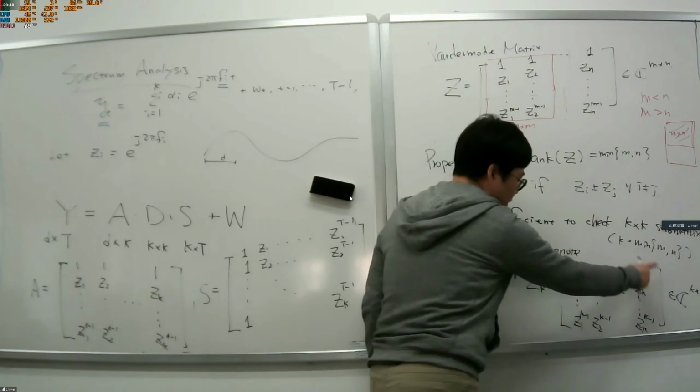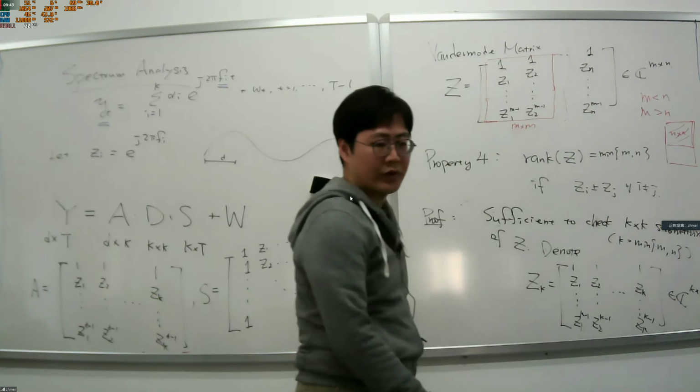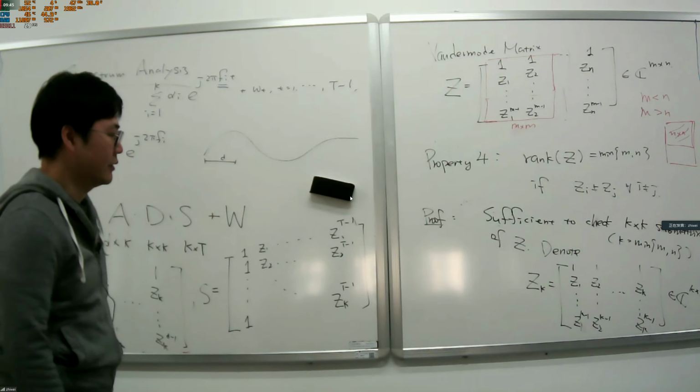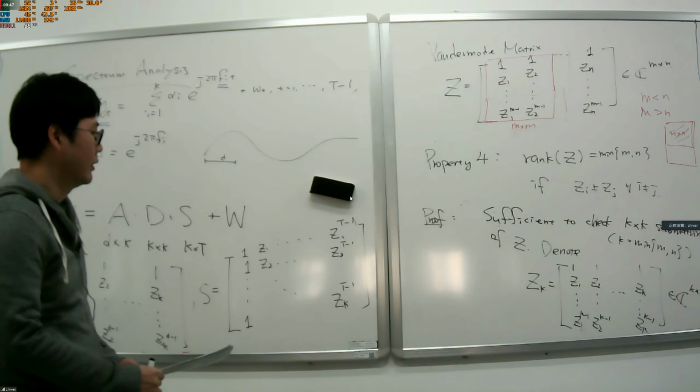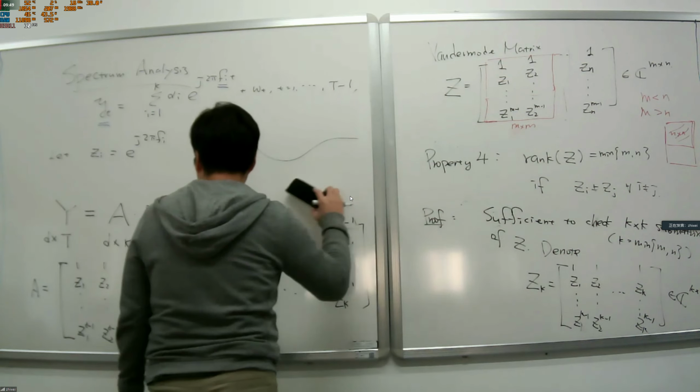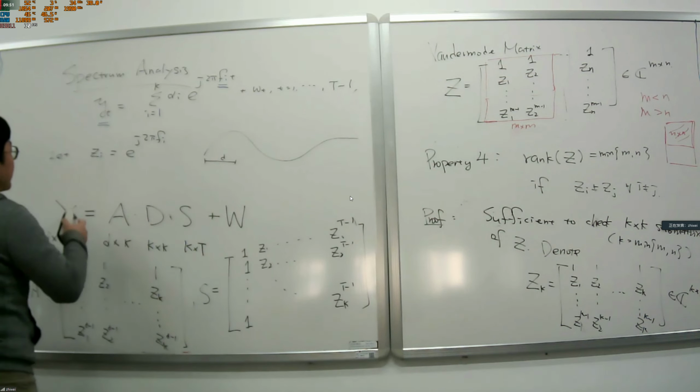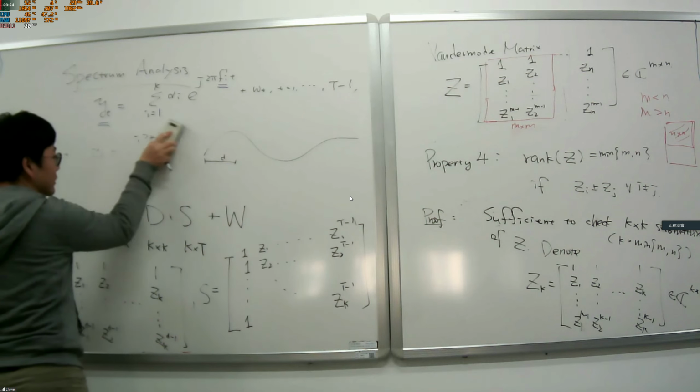So let's check whether this matrix is full rank or not. Prove this by contradiction. Suppose not.